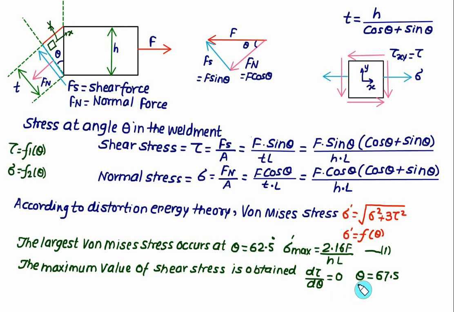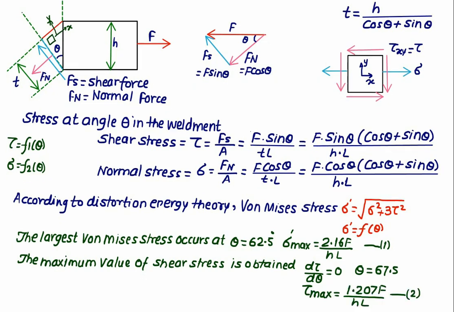The theta value will come out to be 67.5. At theta equal to 67.5, you will get the maximum value of the shear stress. So you have to substitute theta equal to 67.5 in the equation of shear stress and solve for tau. In that case, tau max will be equal to 1.207 times F divided by H into L.